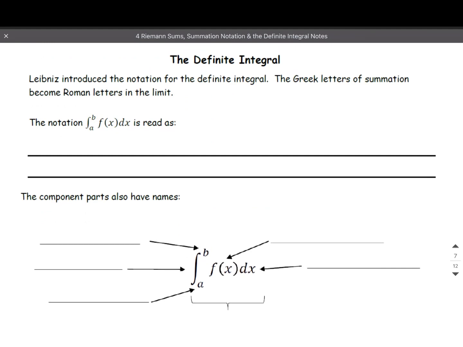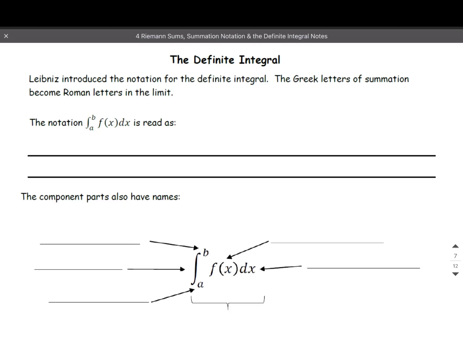Okay, now Newton and Leibniz discovered calculus separately around the same time. We tend to use Leibniz's notation, okay, the Greek letters of summation, which is what we were using before, the limits of the summations become the Roman letters once we've taken the limit. So that's where this integral symbol comes from.